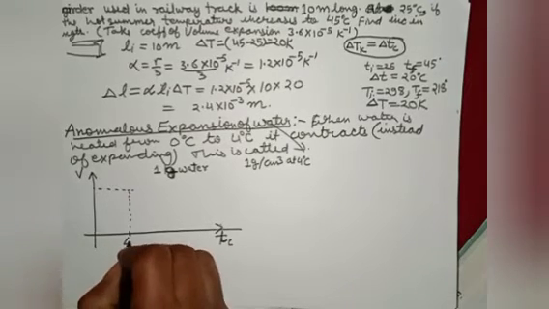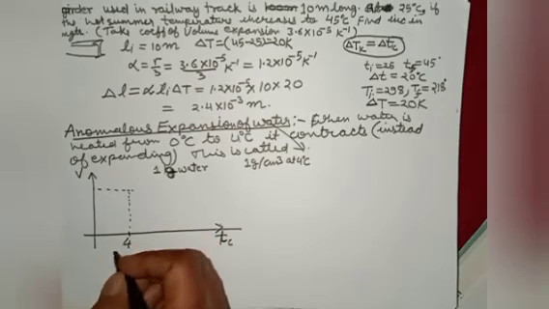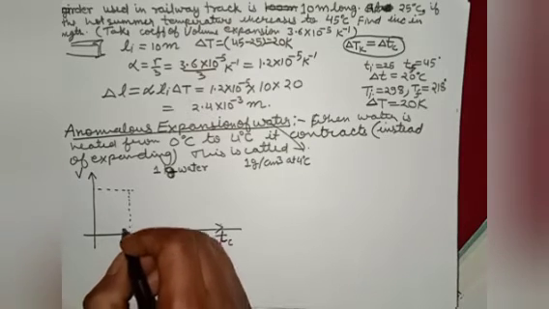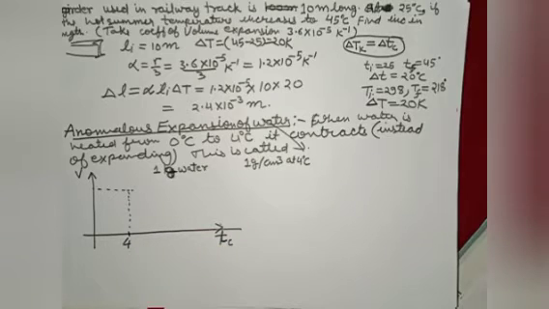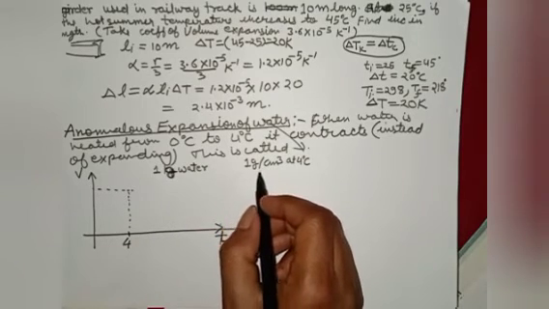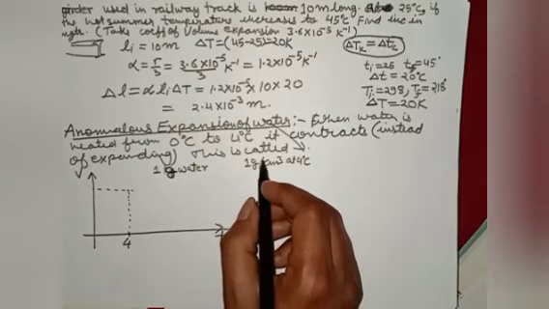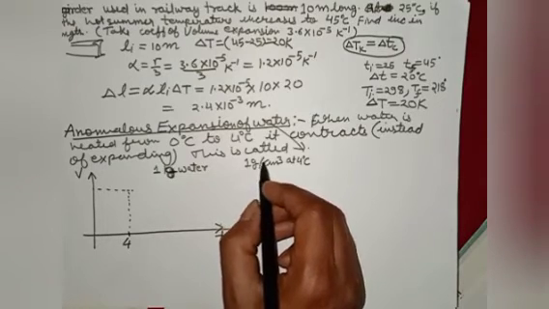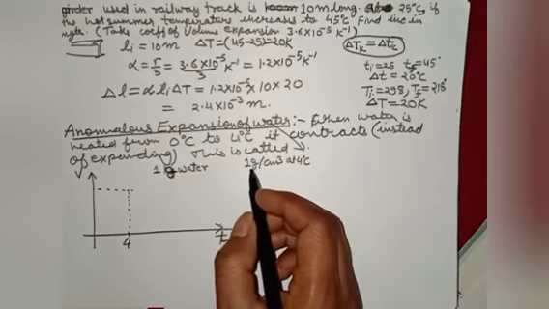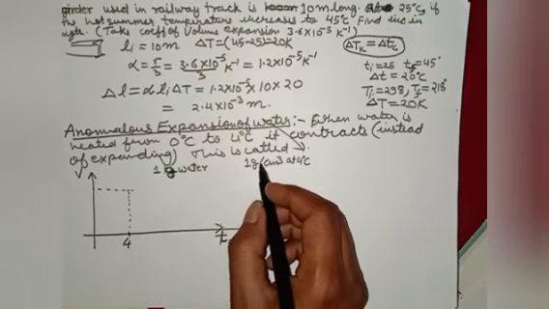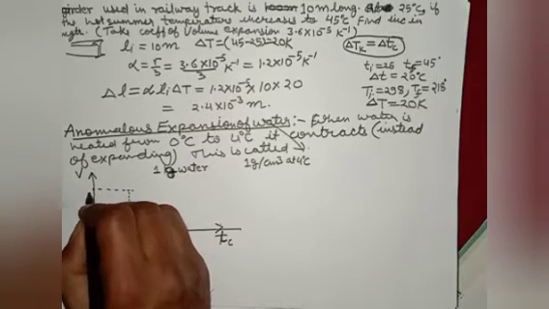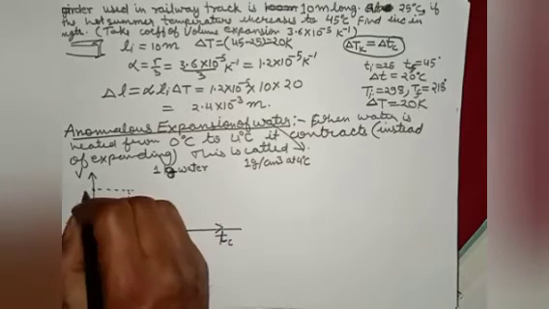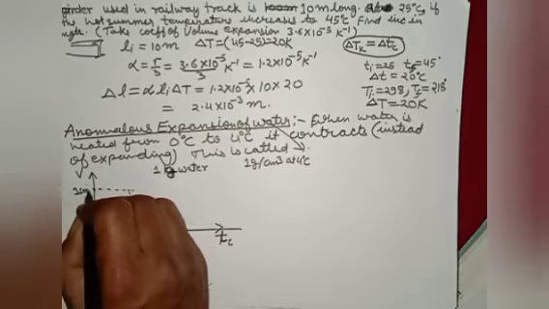So this is 4 degrees Celsius, of course. According to this value of density, we can say its volume will become 1 centimeter cube. See, density 1 gram per centimeter cube means 1 gram will be occupied in 1 centimeter cube volume. So at 4 degrees Celsius, volume of 1 gram water will be 1 centimeter cube.